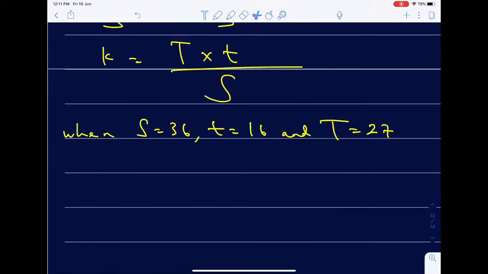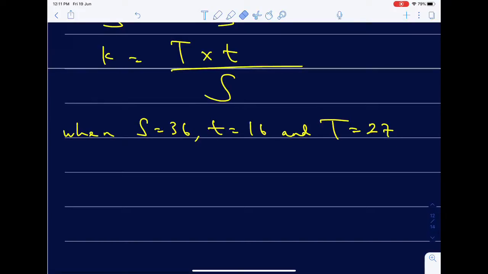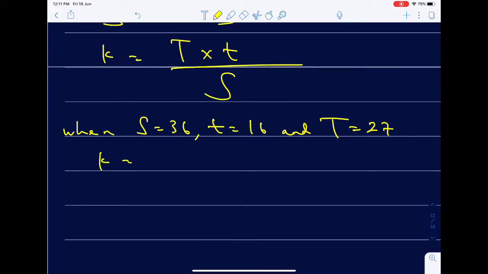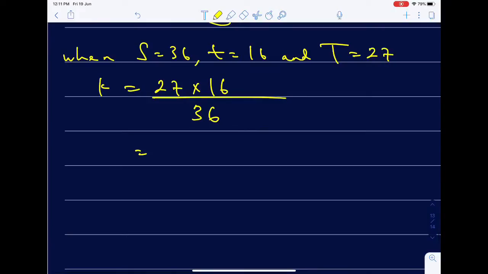So when big S equals 36, small t equals 16, and big T equals 27, K will be equal to big T, which is 27, times small t, which is 16, divided by big S, which is 36. And that simply means 9 in 36 is 4, 9 in 27 is 3, 4 in 4 is 1, 4 in 16 is 4, and the answer is 12.